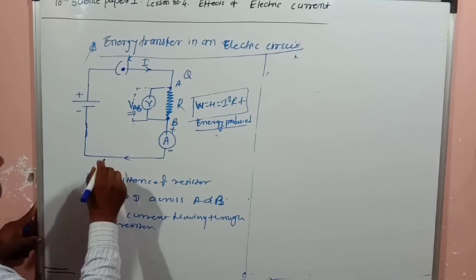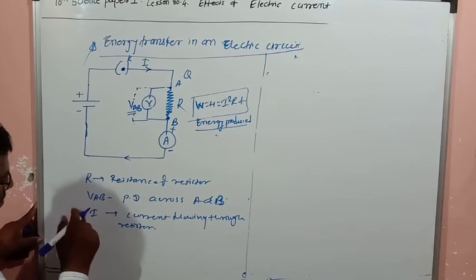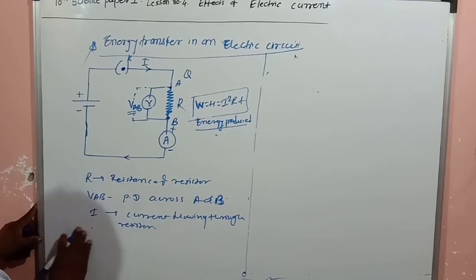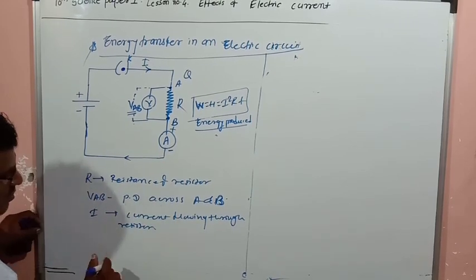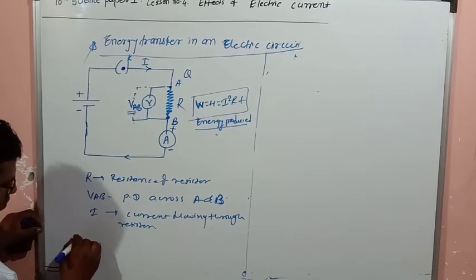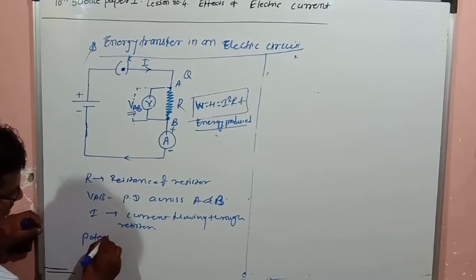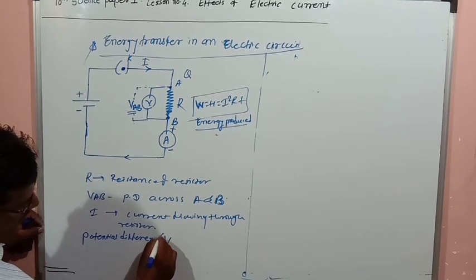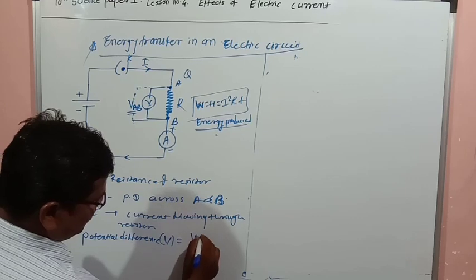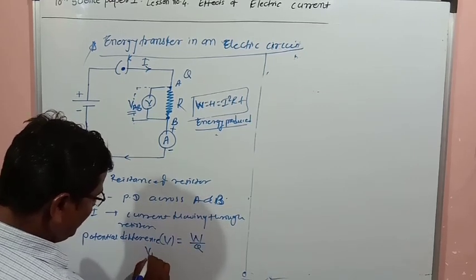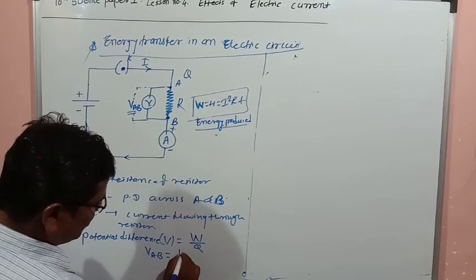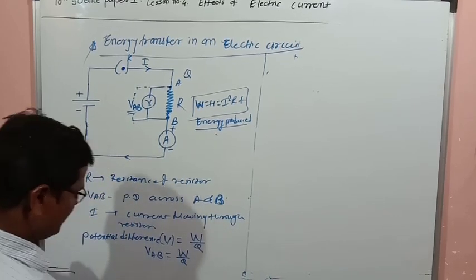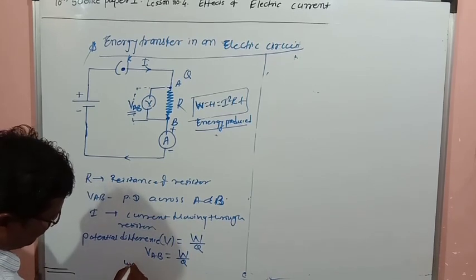Next, VAB over I, R. Now pay attention. First thing we know, potential difference, V is equal to W upon Q, and here VAB is equal to W upon Q, and W means work done. So what can you write? Work done.